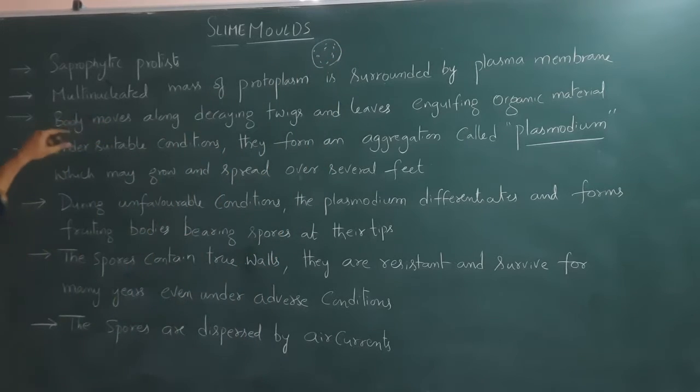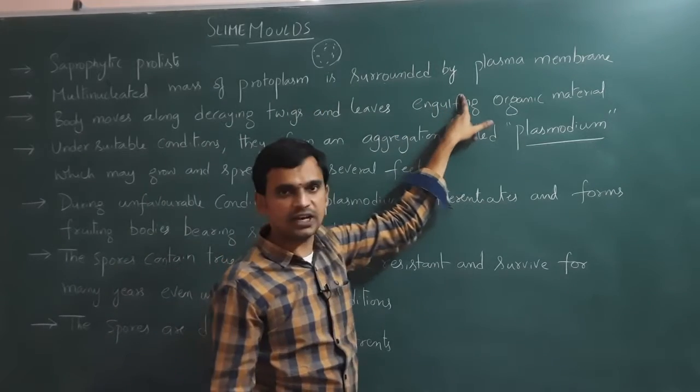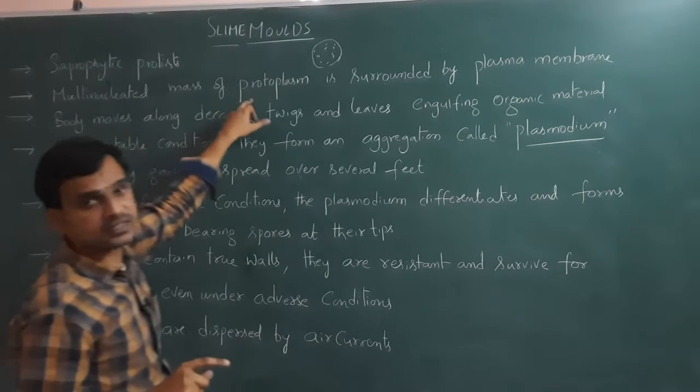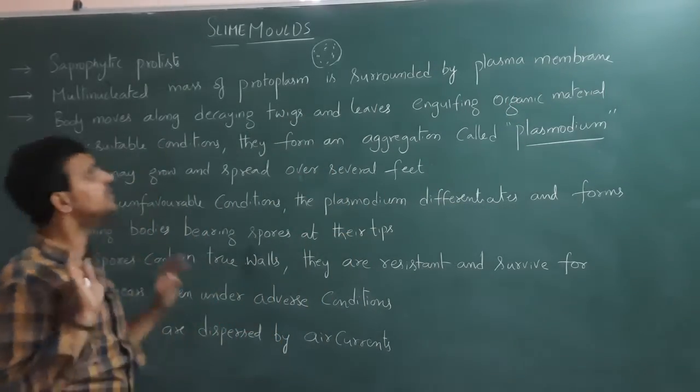These are called slime molds. If you take any cell, it consists of nucleus and protoplasm, so the multinucleated mass of protoplasm is surrounded by plasma membrane as they do not have the cell wall.